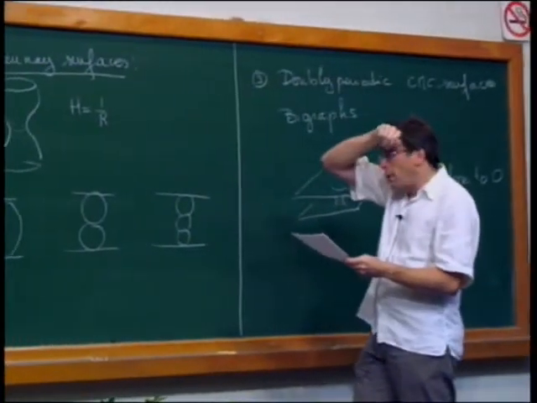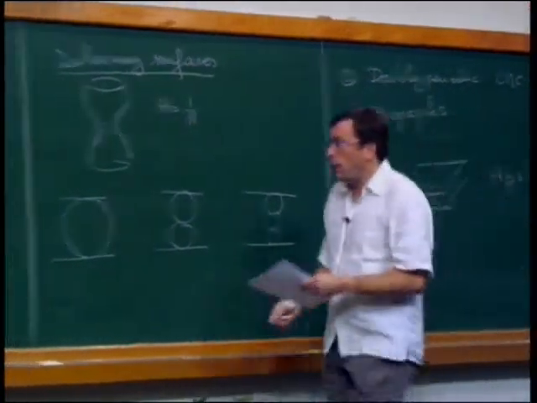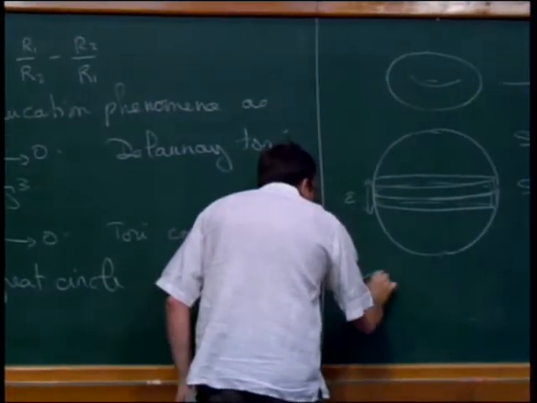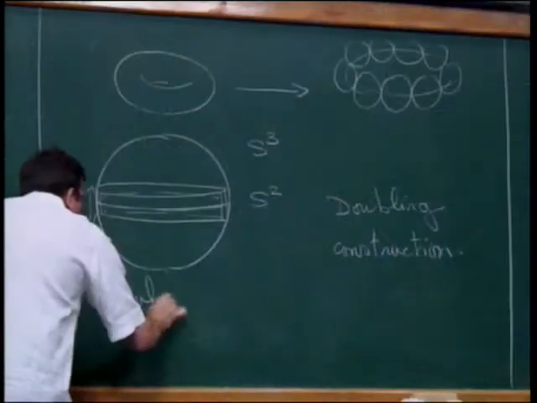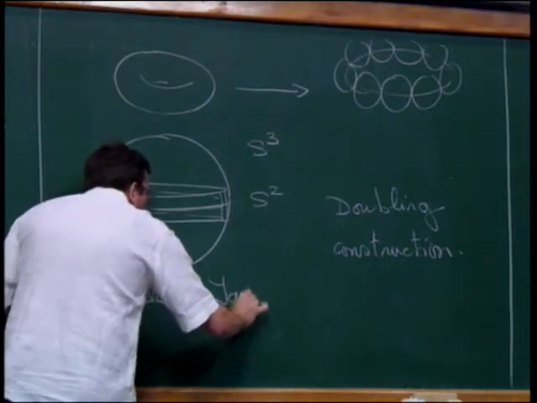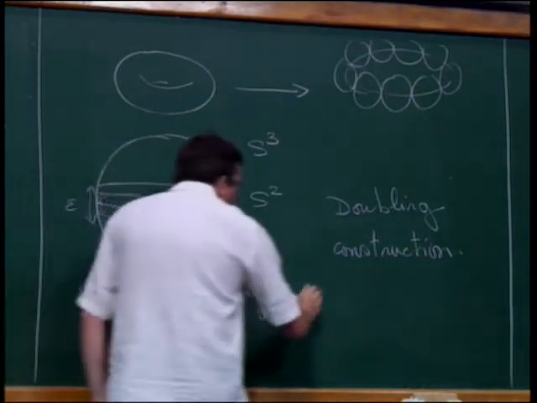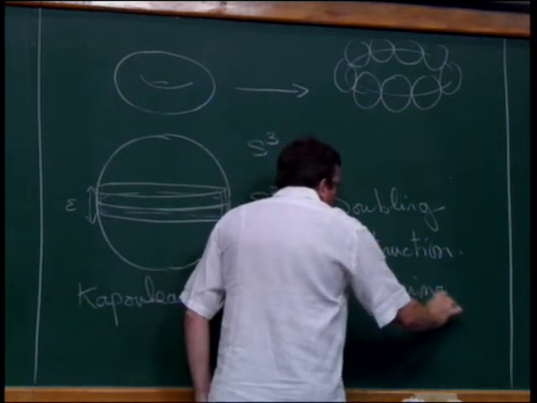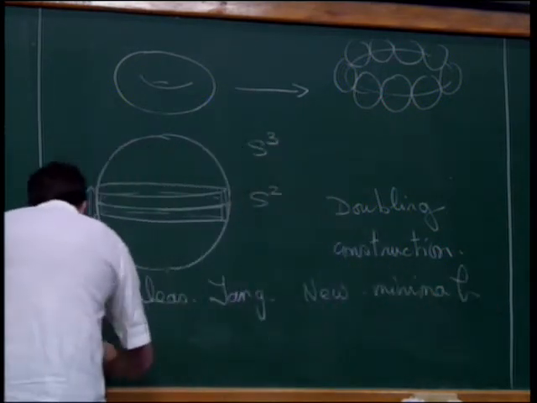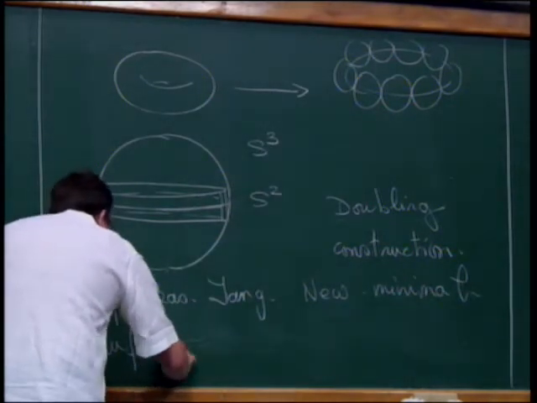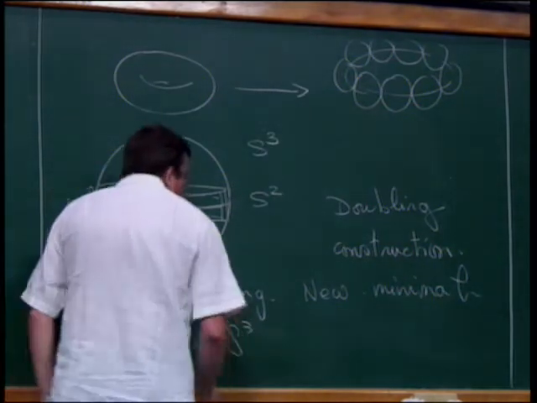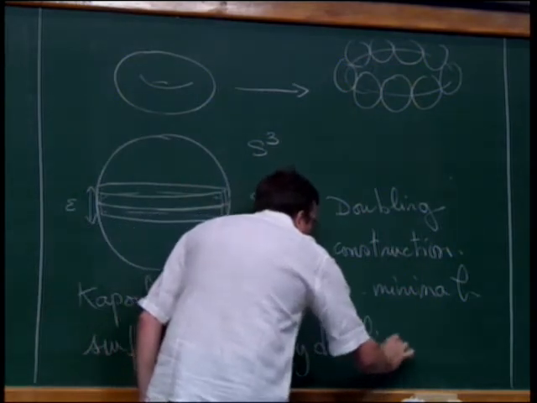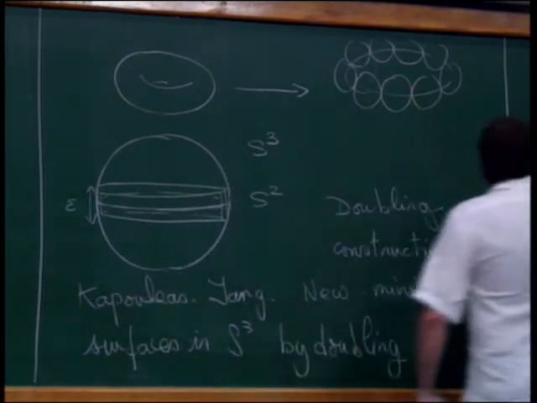So this doubling construction has been used by Nikolaos Kapouleas and Seodong Yang to produce new minimal surfaces in S3 by doubling the Clifford torus.